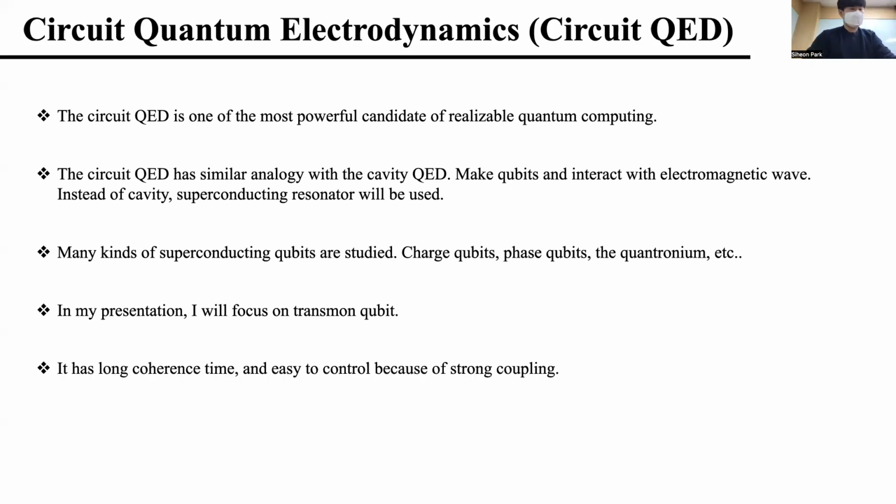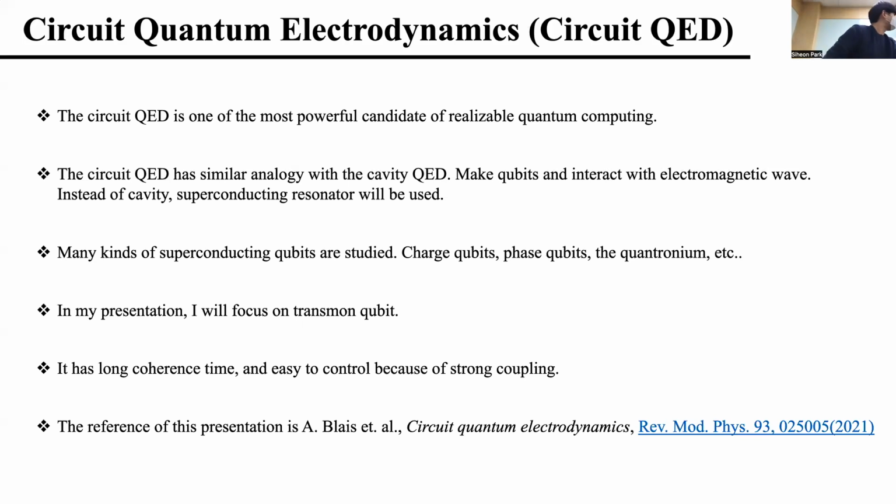It has a long coherence time, which is the most important factor for realizing a qubit, and it is easy to control. In my presentation, the reference is this paper, Circuit quantum electrodynamics, Reviews of Modern Physics. It is a very recent paper.